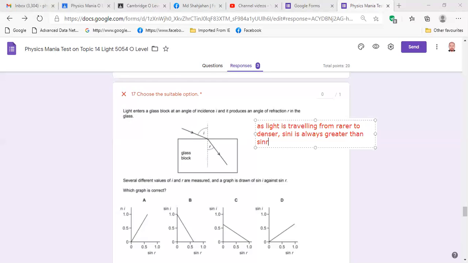Yes, sir. If you increase the value of R, I will also increase, isn't it?